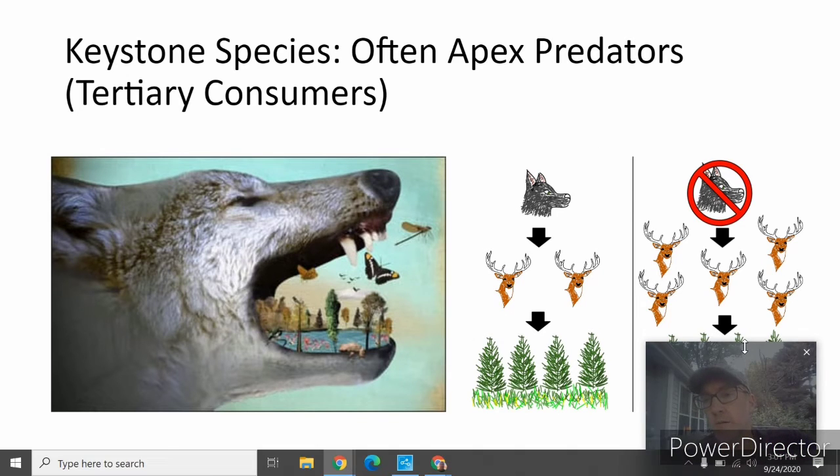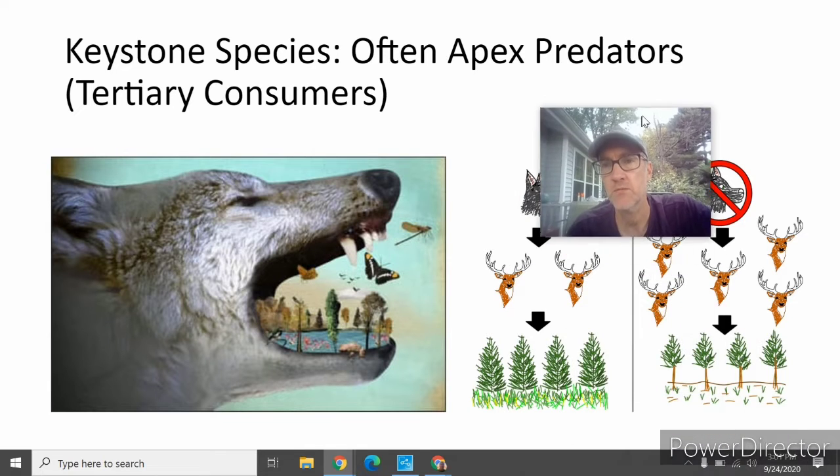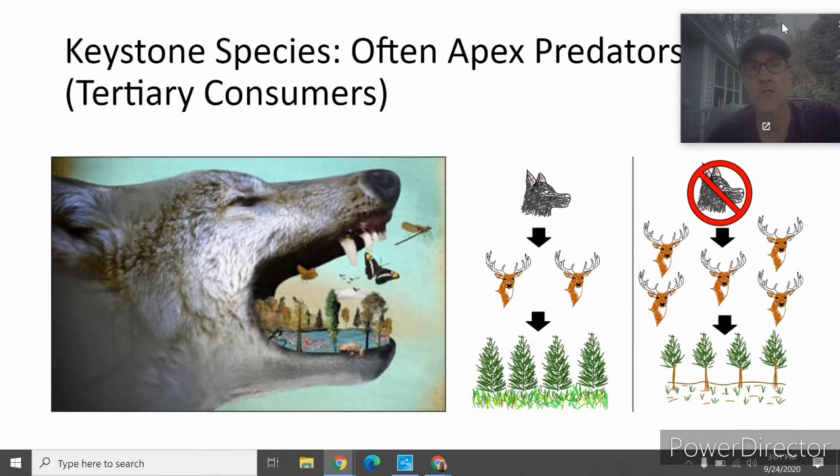Okay, so I just want to foreshadow, when we get into biodiversity, we are going to be talking about keystone species, but I think it's worth mentioning here that certain species are called keystone. That means they're fundamental to the functioning of that ecosystem, and oftentimes they're tertiary consumers. They're on the top, they're apex predators. The classic example we're going to be talking about is the wolves that were reintroduced to Yellowstone and what impact those had on the whole ecosystem.